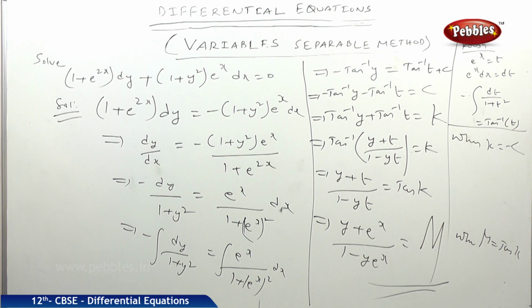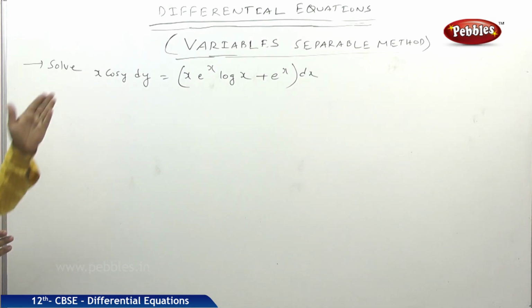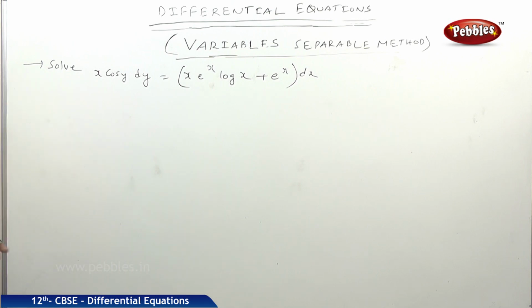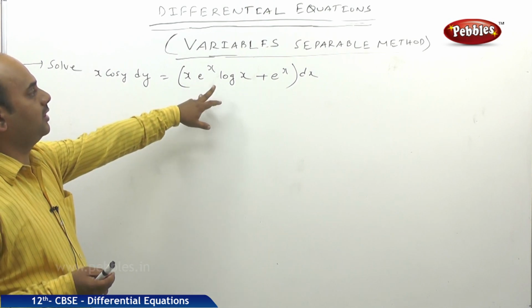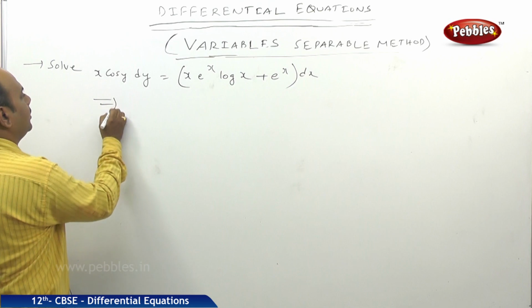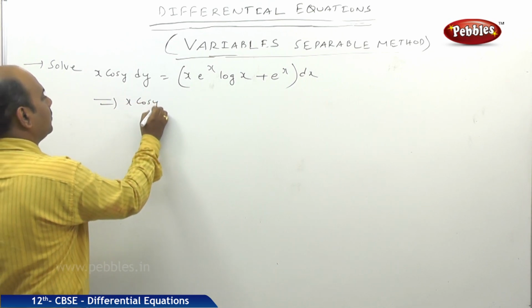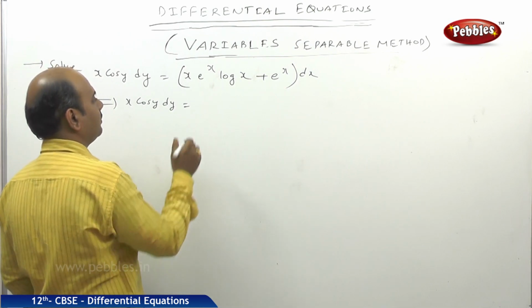Right? Please copy. Right, we shall see the last problem of this pattern. Given x cos y dy is equal to x e power x log x plus e power x dx. So here, x into cos y dy is equal to, e power x is common for us.